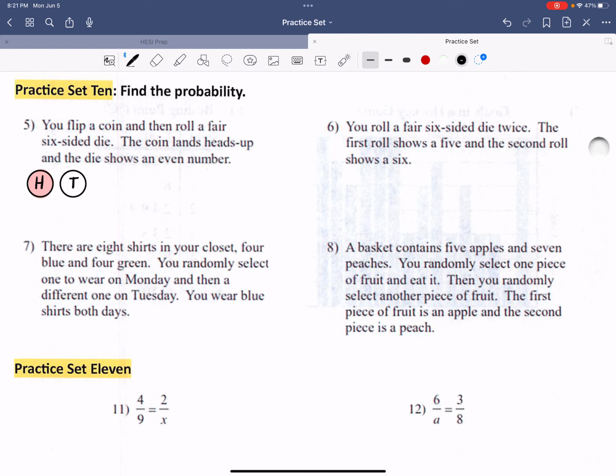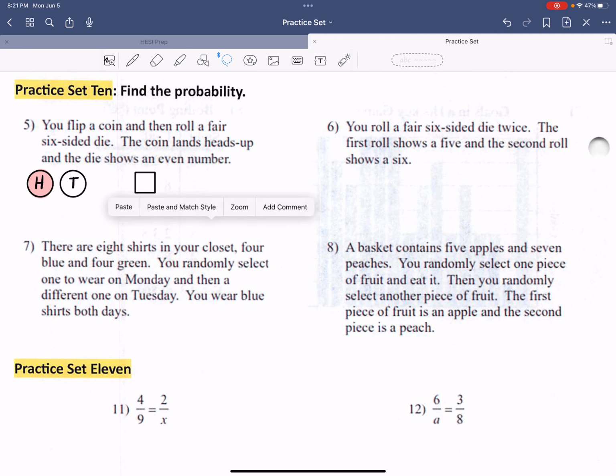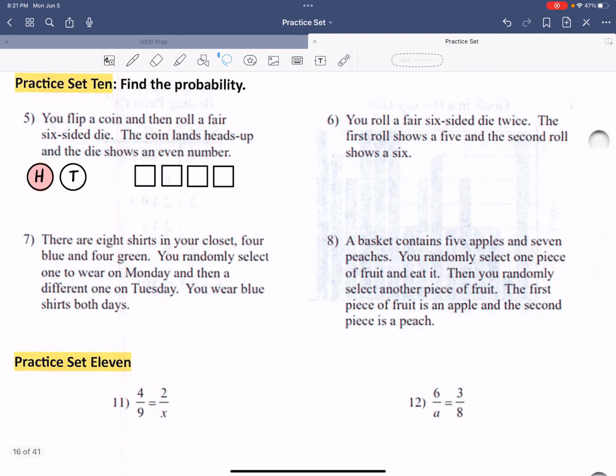The die, let me draw it out here. If you're not sure, take the time. It's better to take the time and get it right. And they were very clear that this is a fair die, so that means that it's not loaded, that every one of the sides is different.